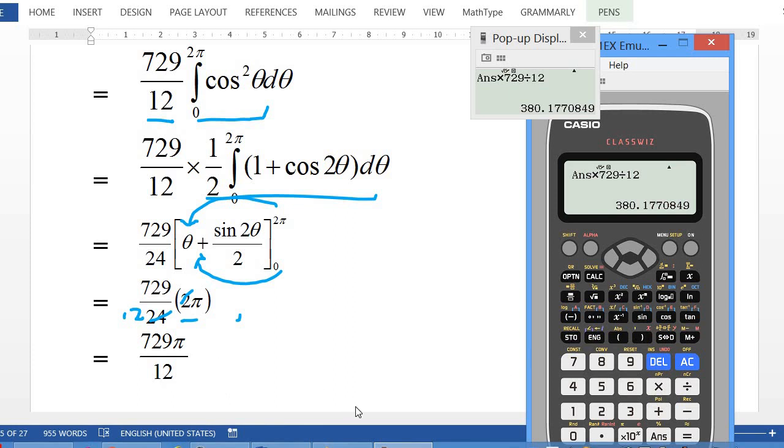The answer is given in pi form, 729 pi divided by 12. What's the difference? Check it with the answer.